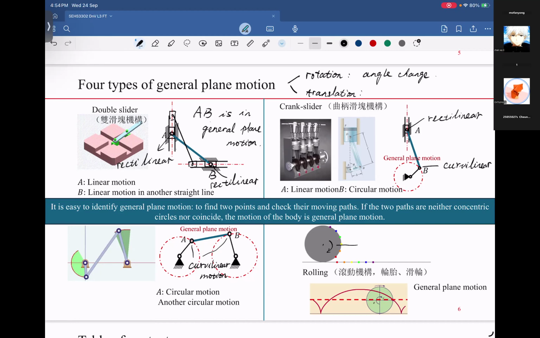It rolls forward, and it has a horizontal velocity. In today's and the next lecture, we will talk about these four types of motions.